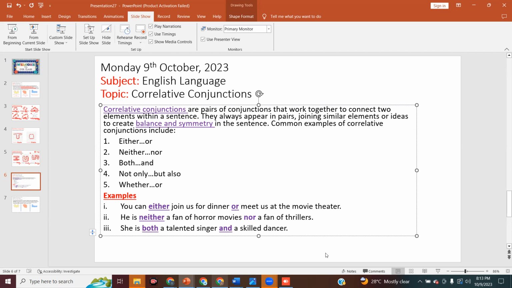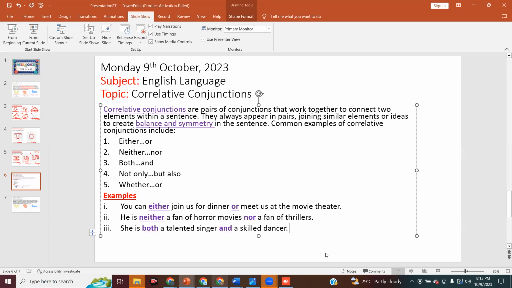So the first one, either or, is there to indicate choices. You can have the choice to do this or the choice to do that. The second one, neither and nor, is there to emphasize exclusivity. It's telling us specifically in what niche this guy is. He is neither a fan of horror movies, nor is he a fan of thrillers.